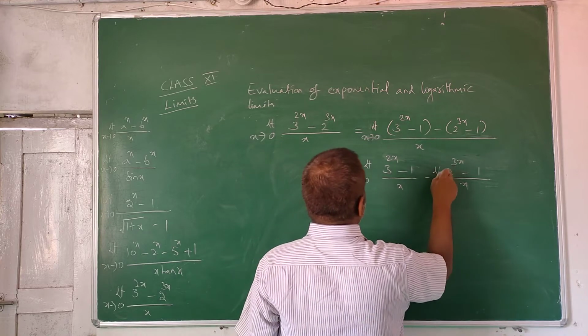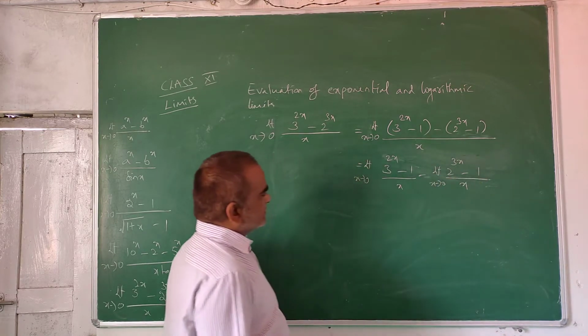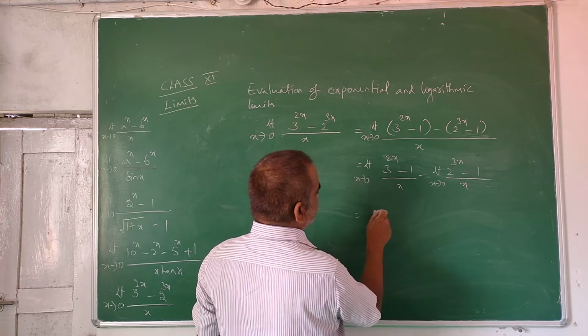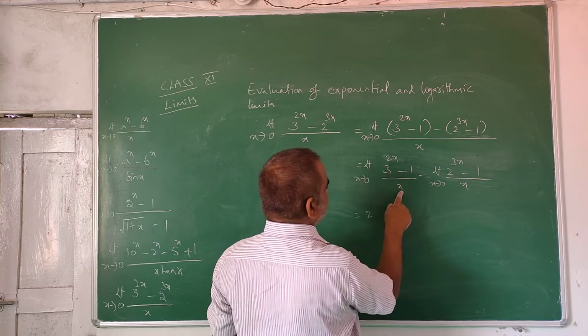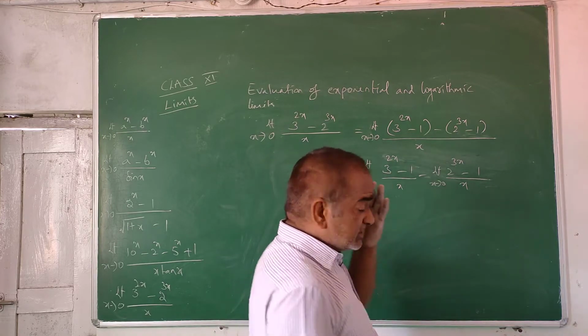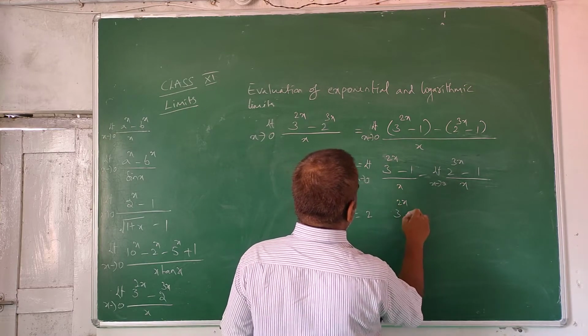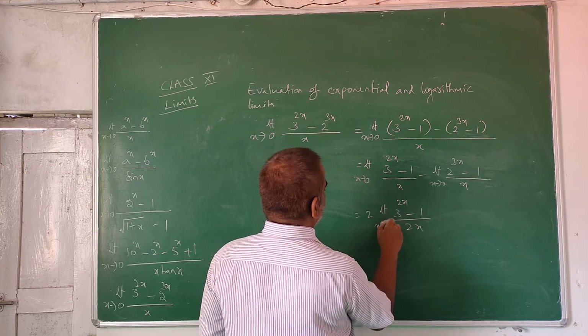Separate the limits also. I separated the fraction as well as the limit. Then here you have to multiply and divide by 2, because here you are seeing 2x, so here you have to see 2x. So 2 into 3 power 2x minus 1 by 2x, limit extends to 0.